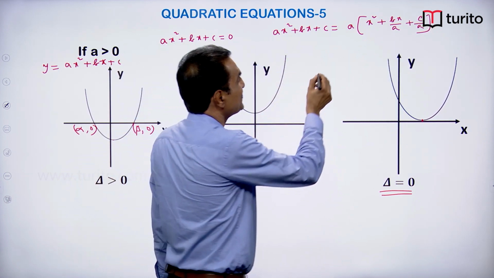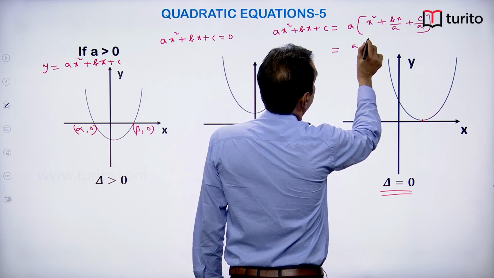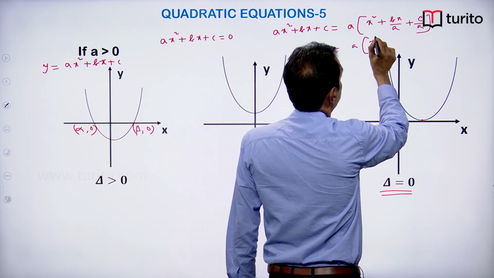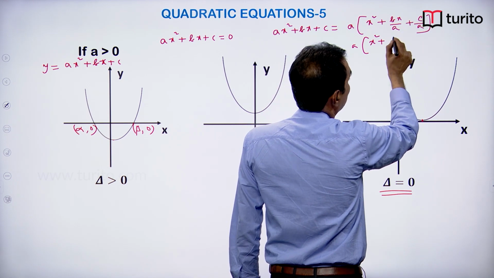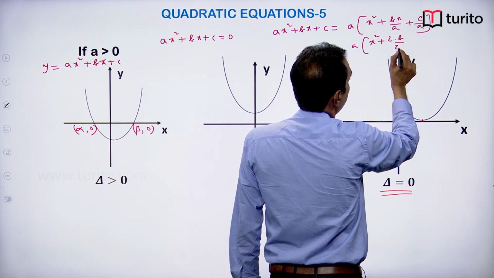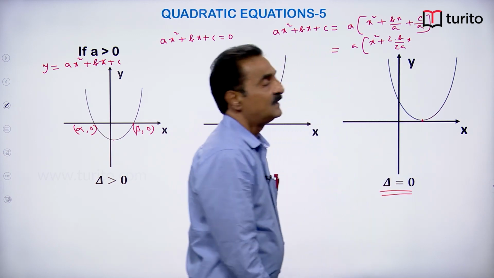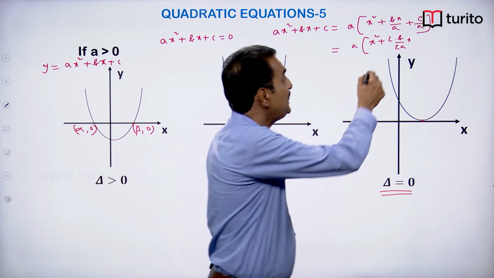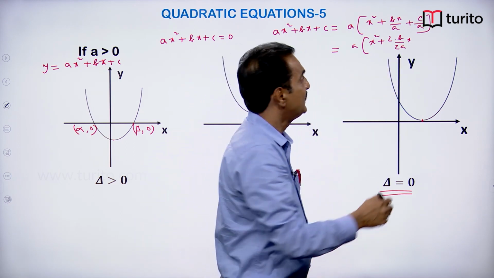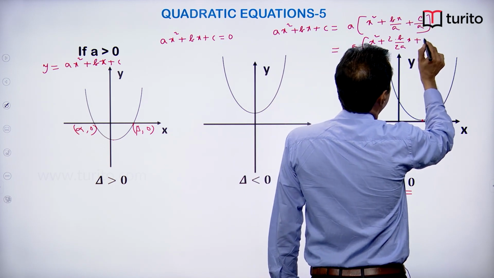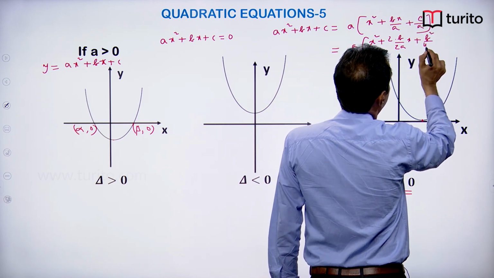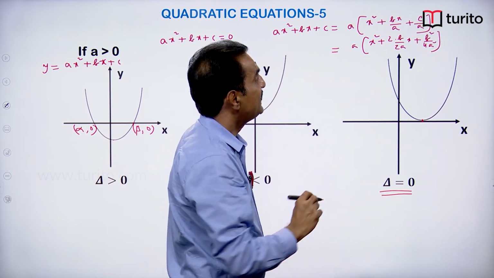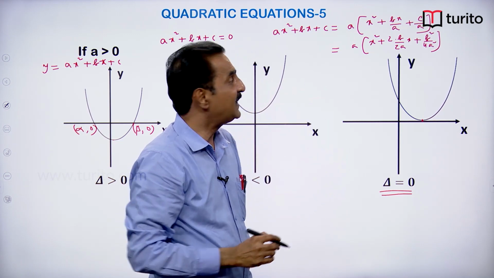If you want to write it as a perfect square, you should write x square plus bx by a as x square plus 2 into b by 2a into x. This is in the form of a square plus 2ab. Then by adding b by 2a whole square, it becomes a perfect square. So, adding b by 2a whole square, that is b square by 4a square, then we have to subtract b square by 4a square.